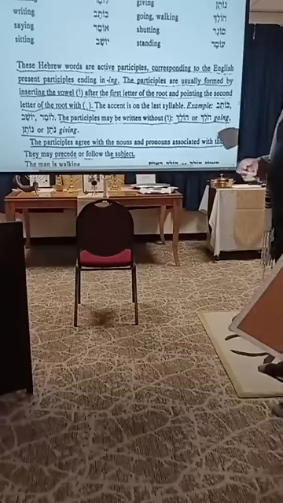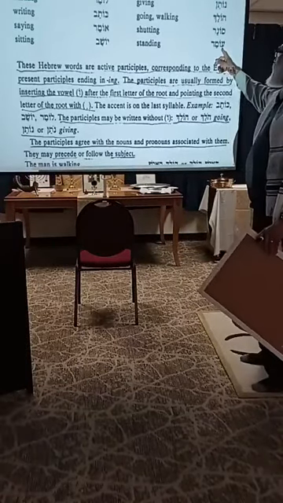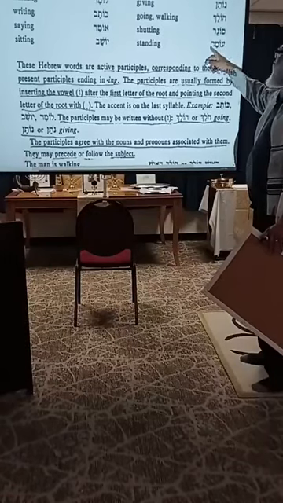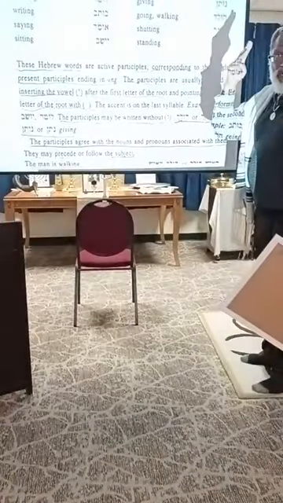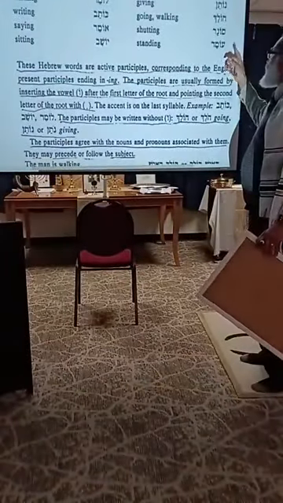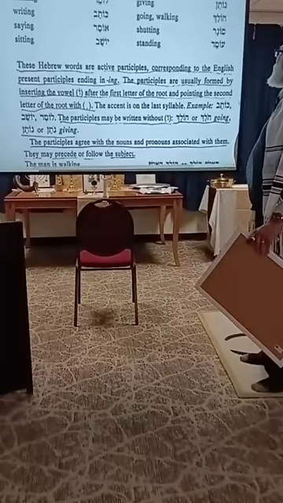So when you look at a word and you notice the wav is smack dab in the middle, and you recognize three letters of the root, then you know this word means, in this instance, standing.